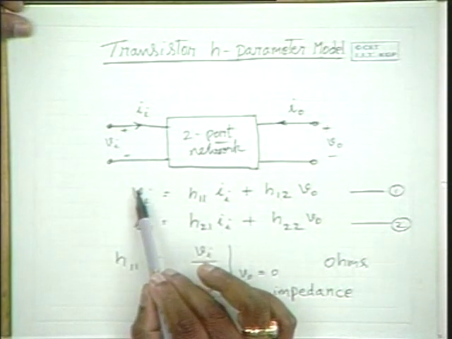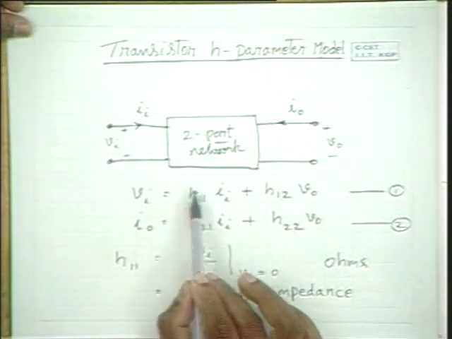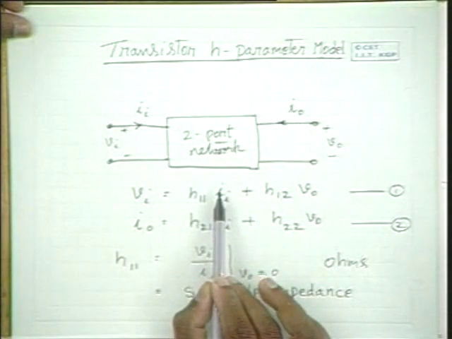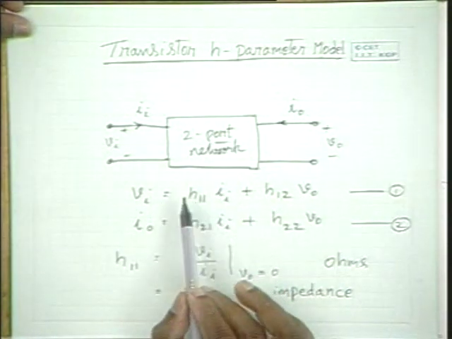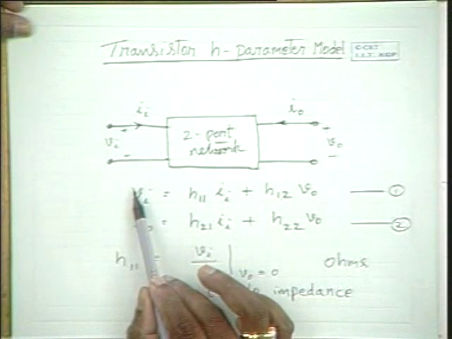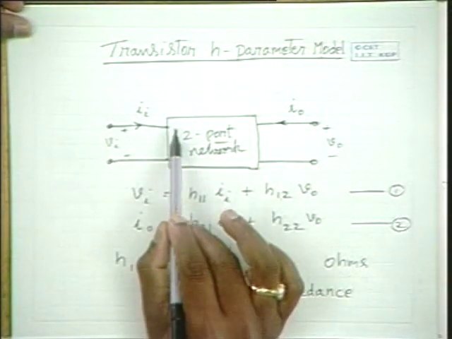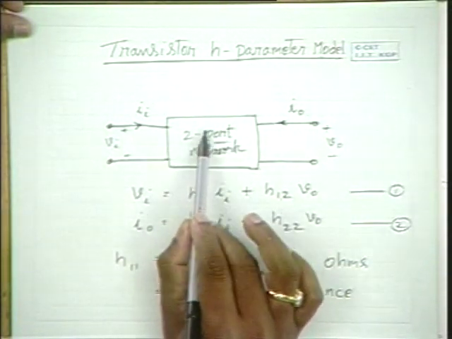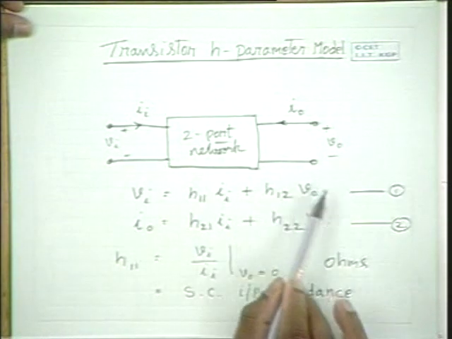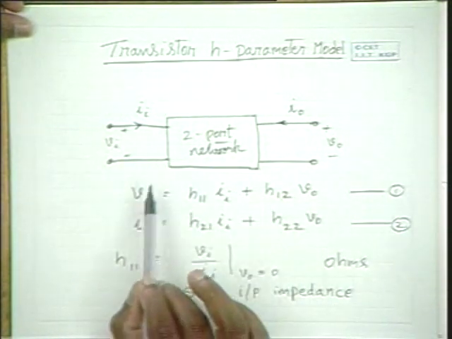Therefore, H11 is a resistance, and you can see that H11 is a resistance which comes in series with a voltage source, and both put together is equal to Vi.